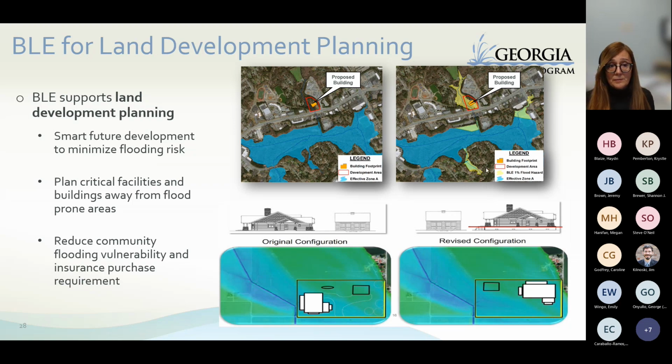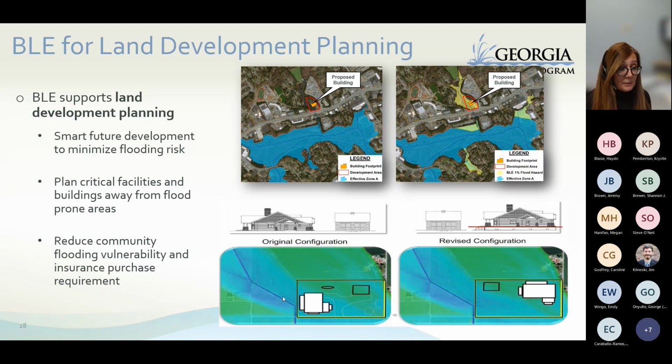Along with the spatial boundaries of the floodplain area, something else that the base level engineering analysis is providing is the actual depth grids, which are providing information about the severity of the flooding in the floodplain. The risk and the severity of flooding is different depending on which part of the floodplain you are located.